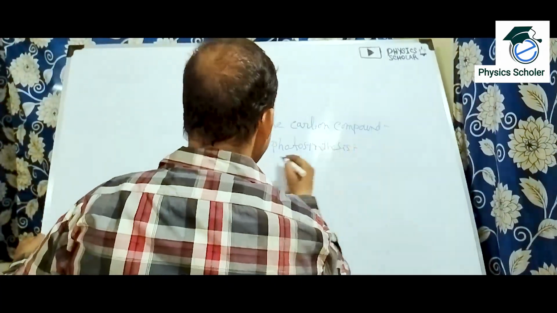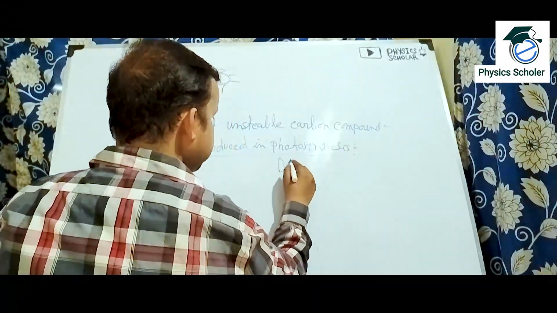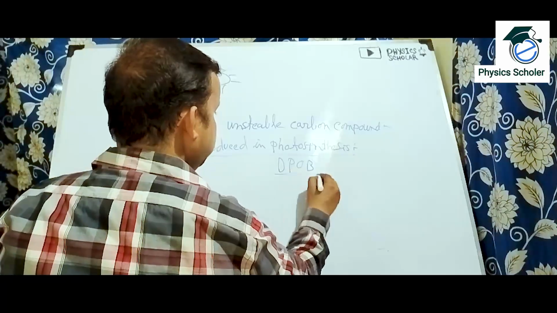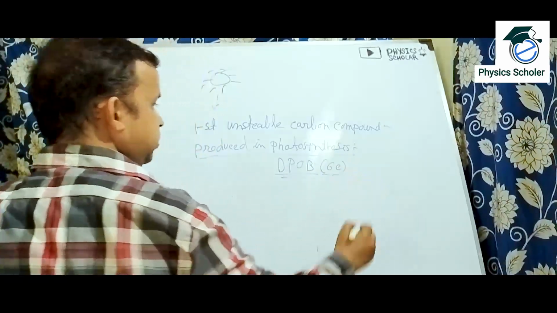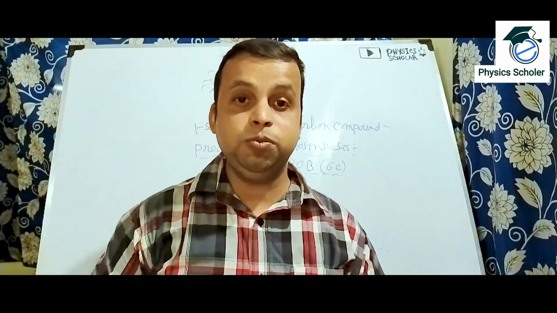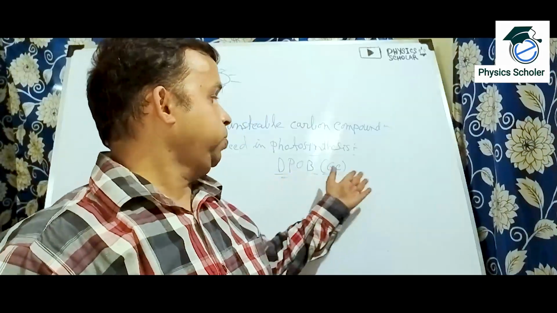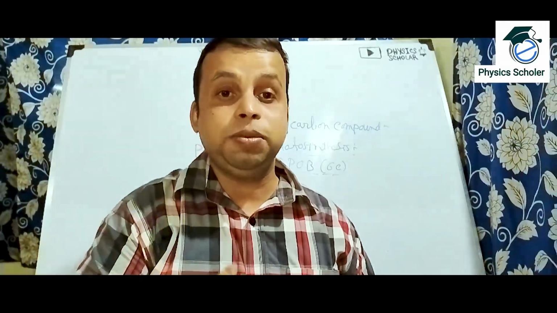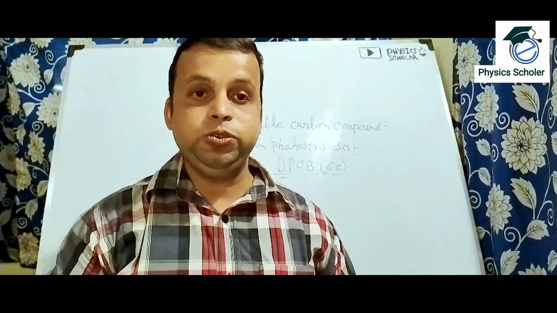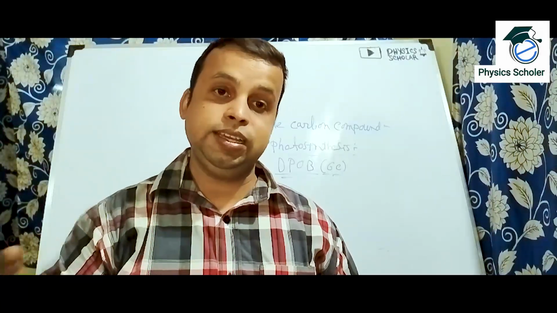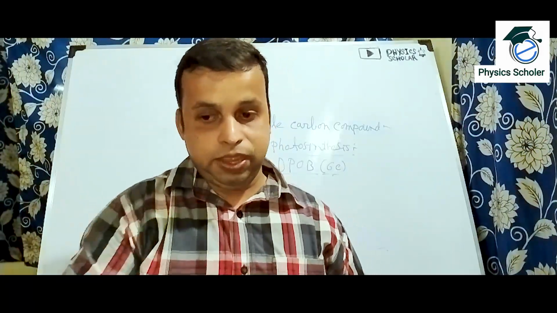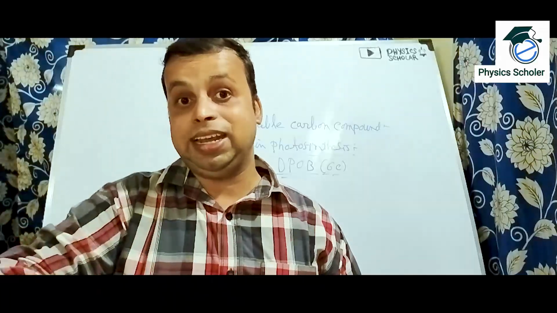It will be produced during the dark phase reaction. It is RuBP, ribulose bisphosphate, a 6C compound, with six carbon atoms. So that will be the first unstable carbon molecule produced during the photosynthesis process in the dark phase reaction. The capturing of carbon is done in the dark phase reaction only.